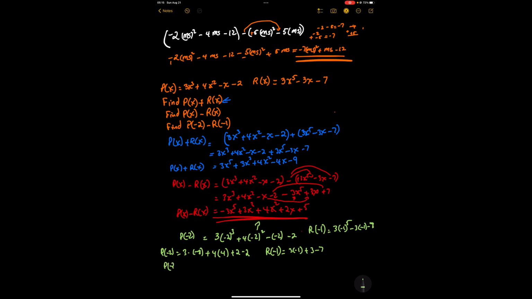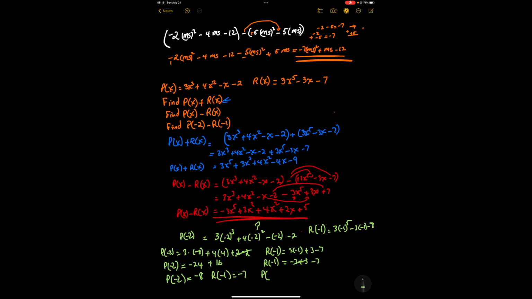Well, p of negative 2 is equal to 3 times negative 8, which is negative 24, plus 4 times 4, which is 16, and 2 minus 2 is equal to 0, right? r of negative 1 is equal to 3 times negative 1, which is negative 3, plus 3, which is equal to 0, minus 7. So then p of negative 2 is equal to negative 8, and r of negative 1 is equal to negative 7.